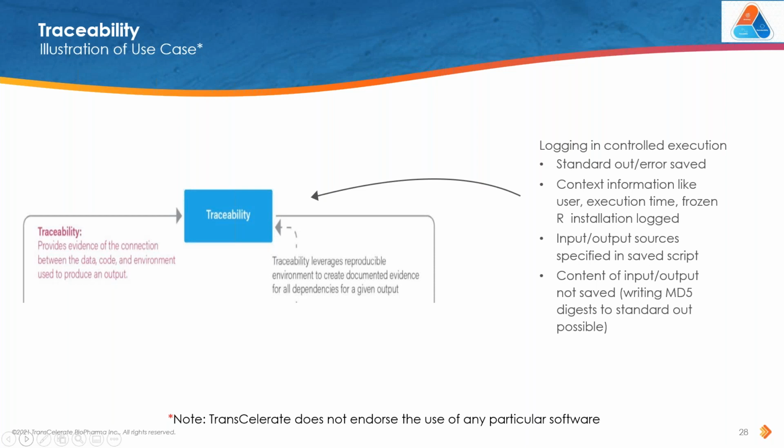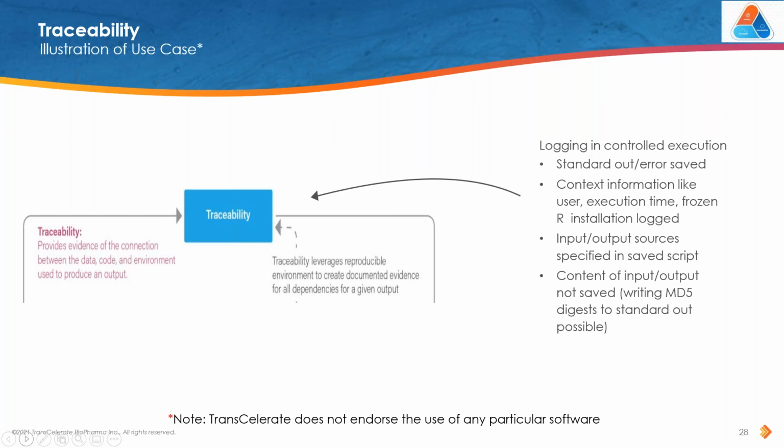Last but not least, in ART, it is the traceability. It refers to the ability to trace inputs to outputs, with the main goal being to provide evidence to connect data, programming code, and environment to the final output that is produced.